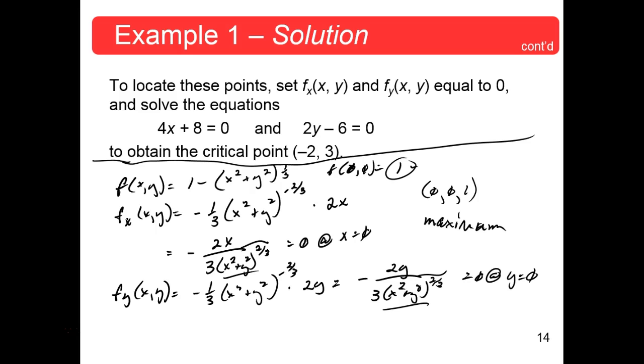But it is required that, if you go back to the definition of a critical point, it's a critical point if both your f sub x and f sub y are equal to 0 at the same point, or either f sub x or f sub y does not exist at that point.